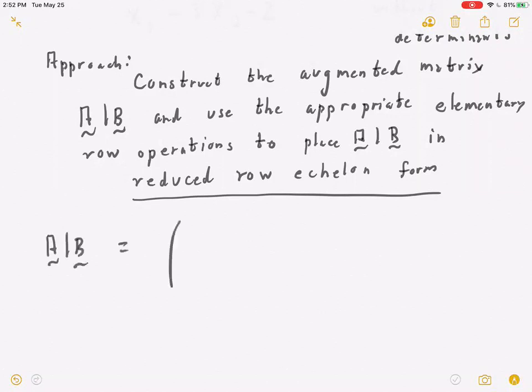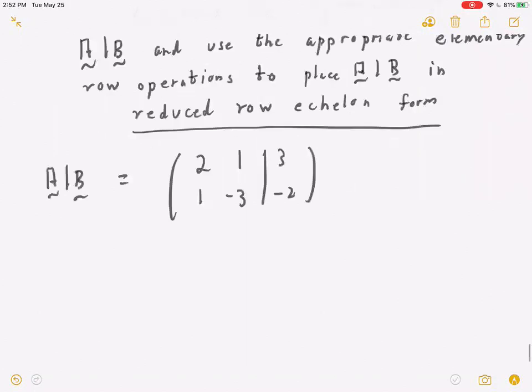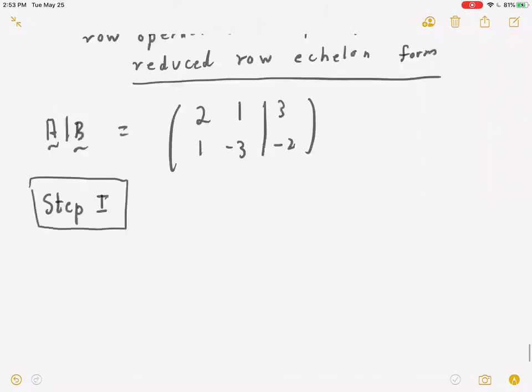So I remind you, here's the original augmented matrix for this problem, which you can just write down by inspection. So the first step of the Gauss-Jordan elimination process is to take my original augmented matrix and turn the 1, 1 matrix element into 1.